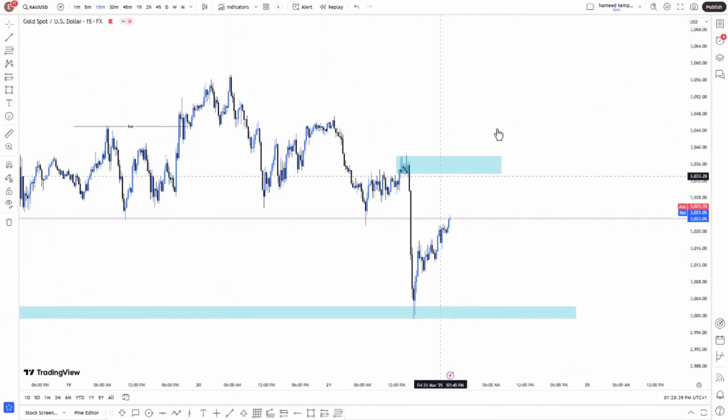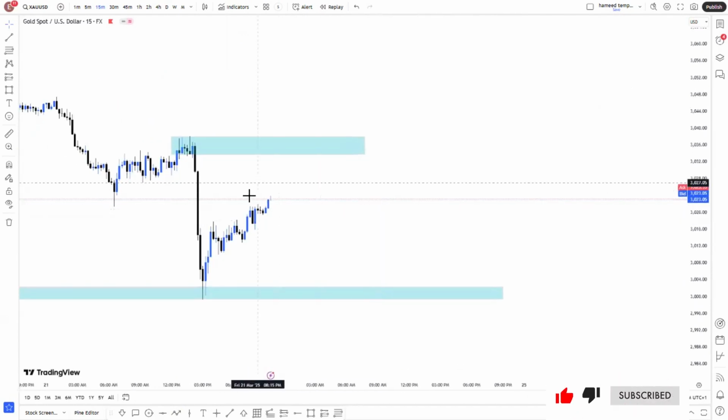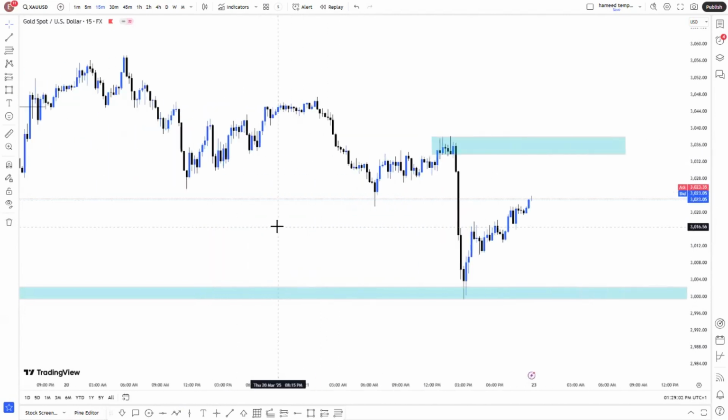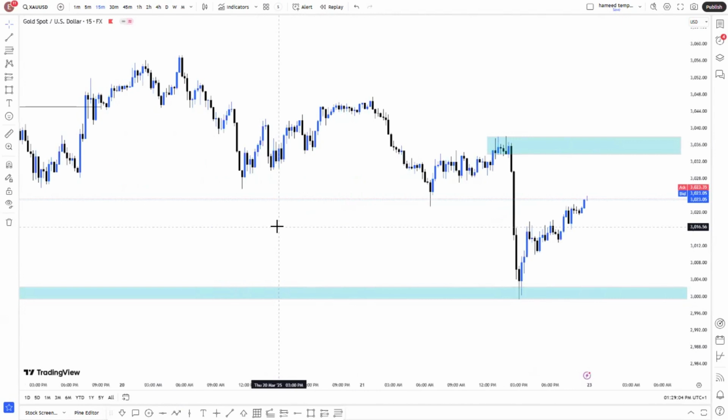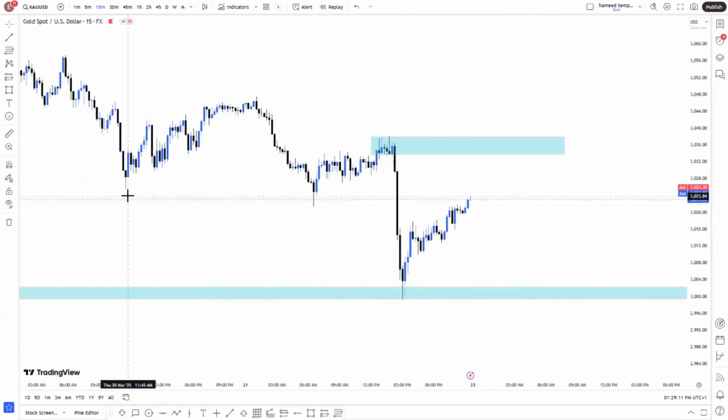Whatever price does around here will give me more confirmation to know what to do next. Or else, if you see a move to the downside, then I can find my move and my entry around here, then ride it up to this level before looking at what market does around here. So that's what I will be looking for on XAUUSD. So no setup yet, but that's what we are having here.